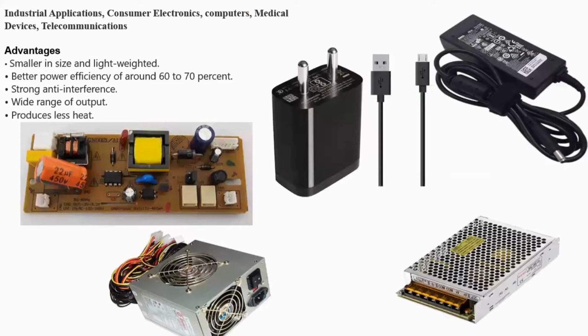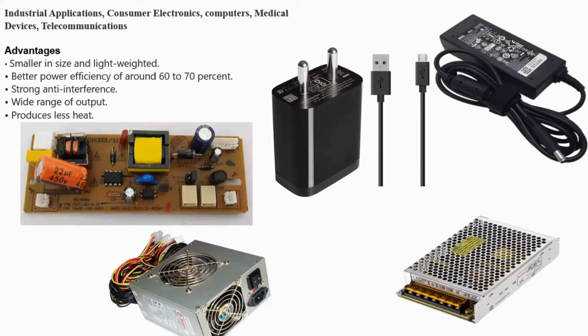Now, first of all, where do we use this and why is it important? We use it in almost all appliances, be it industrial applications, consumer electronics, computers, medical devices, or telecommunication devices. Almost every field is covered, right? What is the advantage of using SMPS?